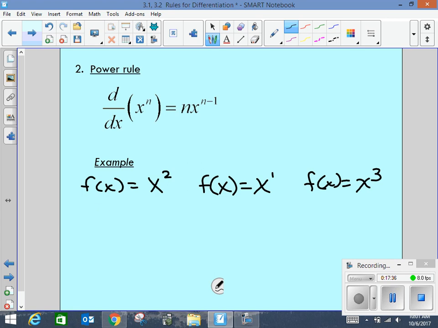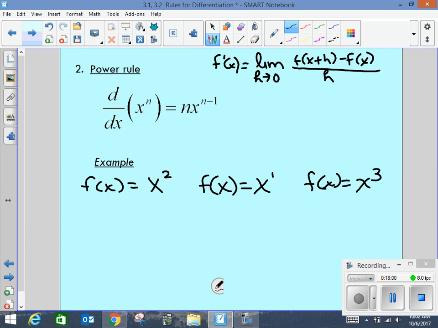Okay, now if we were going to do the old-fashioned limit, let's just do the simplest one. This is the old-fashioned derivative. Okay, f of x plus h minus f of x over h.